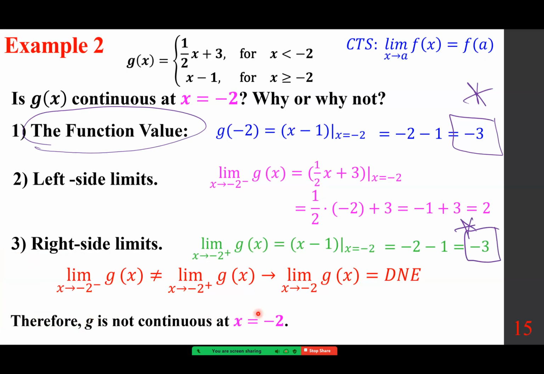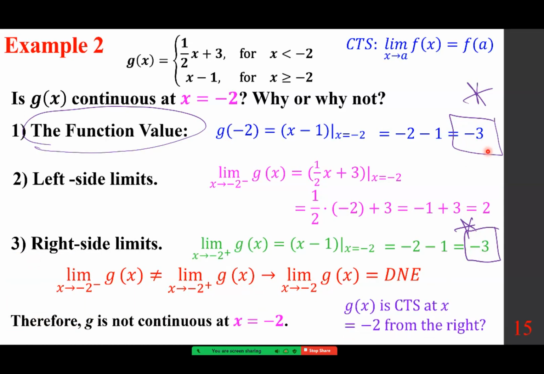Again, it doesn't change the fact that the limit doesn't exist. It doesn't change the fact the function is discontinuous at x equals -2, or it's not continuous. But sometimes it's important to calculus to know it means g of x is continuous at x equals -2 from the right.